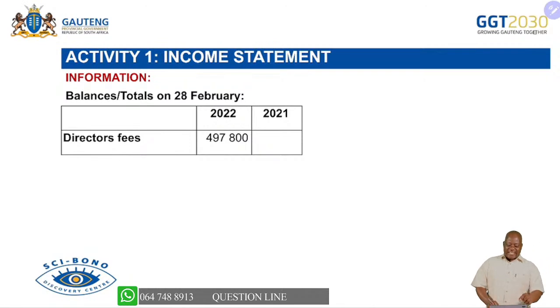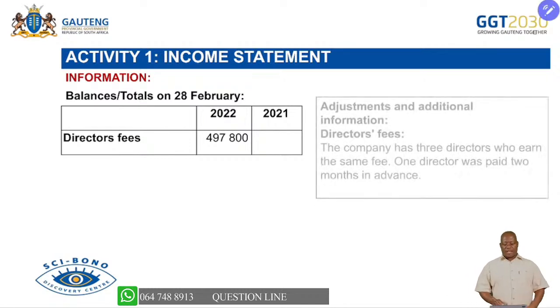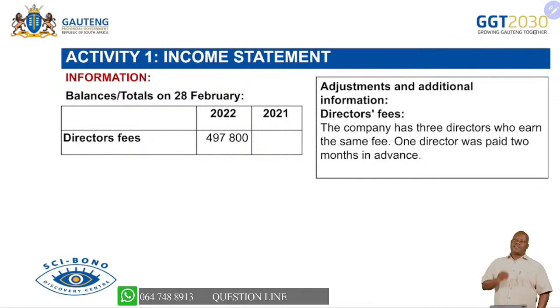So the directors have been paid 497,800. We are not sure whether we are owing them or they are owing us. Let's check what the additional information says. It says when it comes to directors' fees, the company has 3 directors who earn the same fees. One director was paid 2 months in advance.